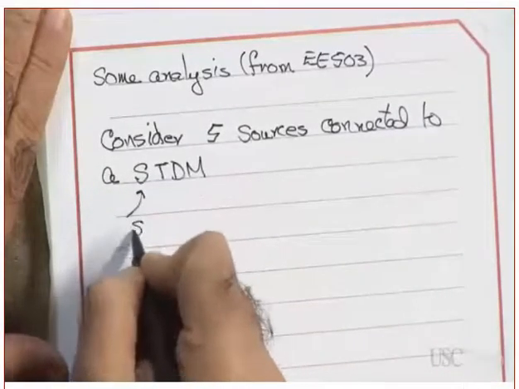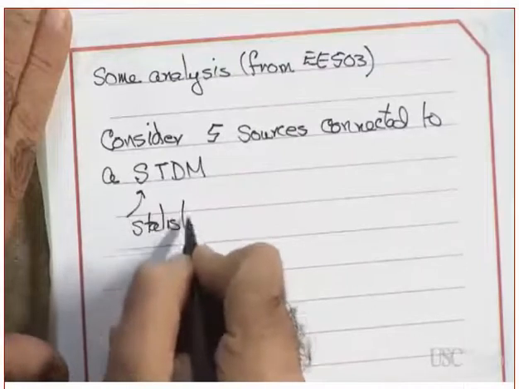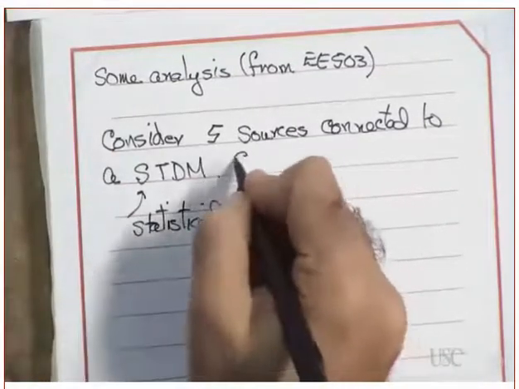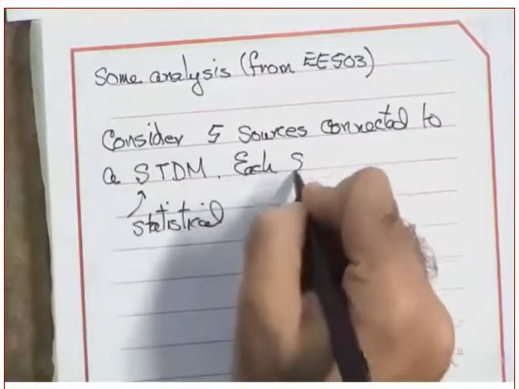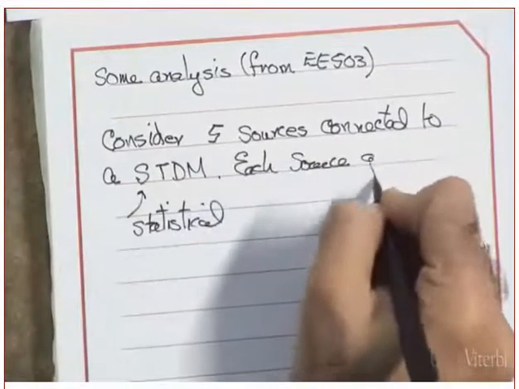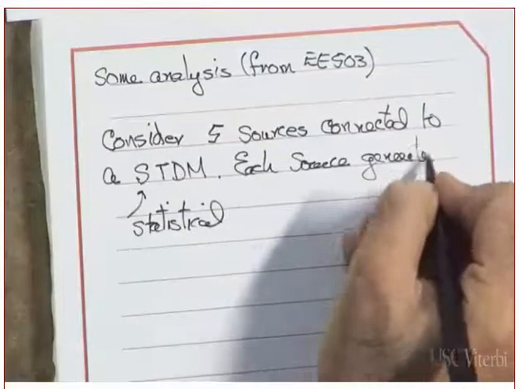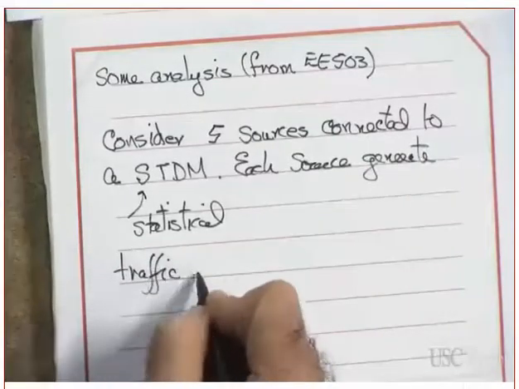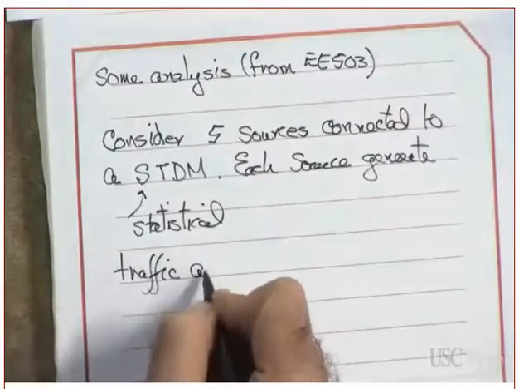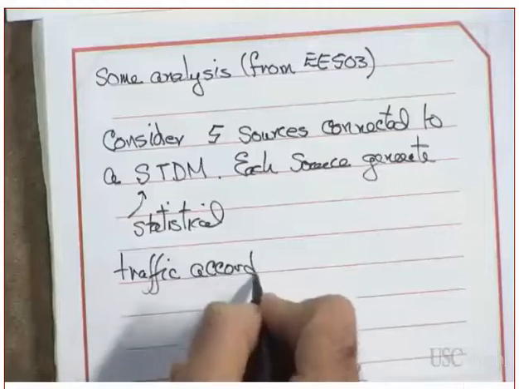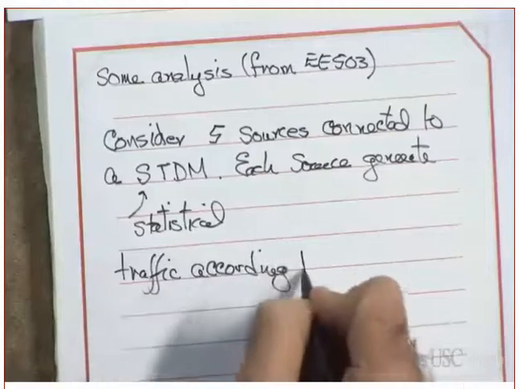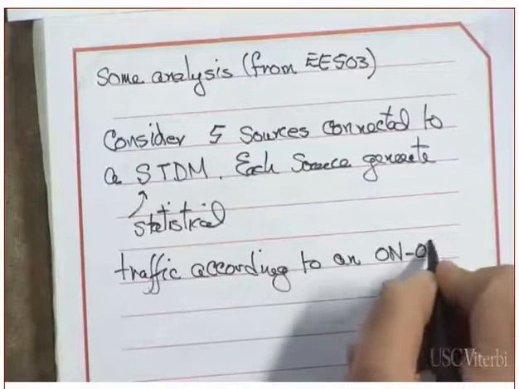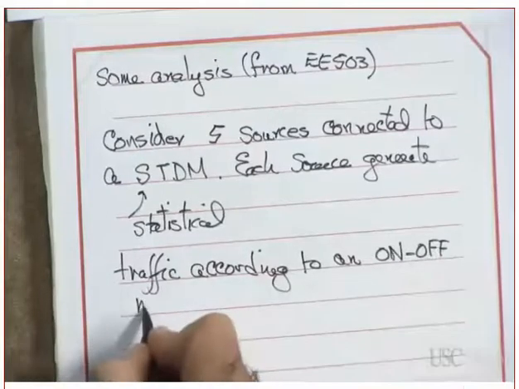S stands for what? Statistical. Each source generates traffic according to an on-off model.